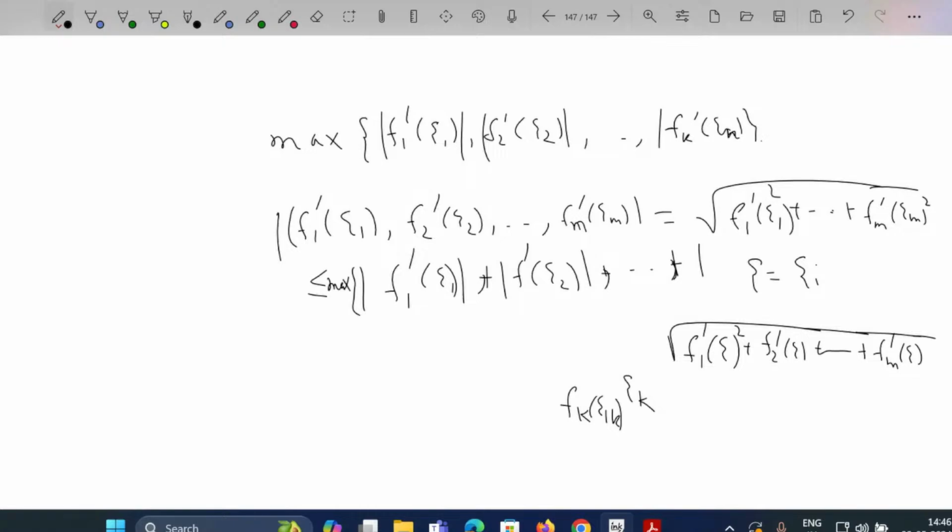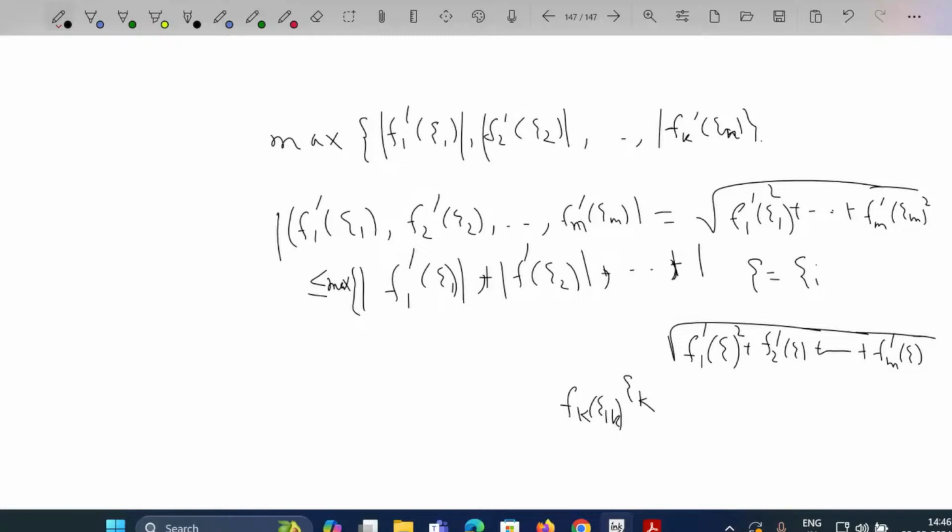But will that zeta be inside the open interval or not? Granted, every zeta is inside the open interval, so one of the zeta_i is that zeta. Now at that particular point, whether f1 of zeta 1 is okay.